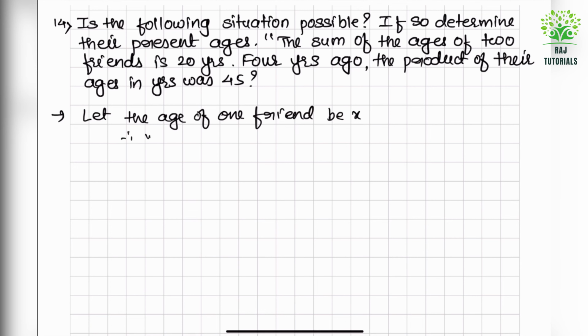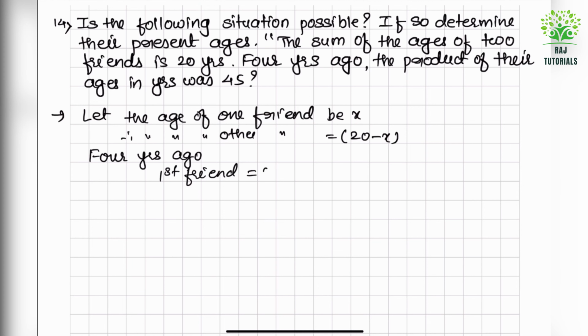So, the age of the other friend will be 20 minus x. Now 4 years ago, the first friend will be x minus 4 years and the second friend will be 20 minus x minus 4, that is 16 minus x years.